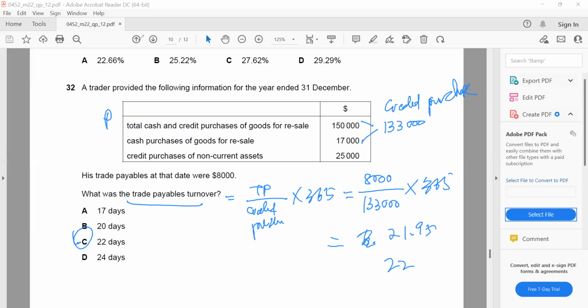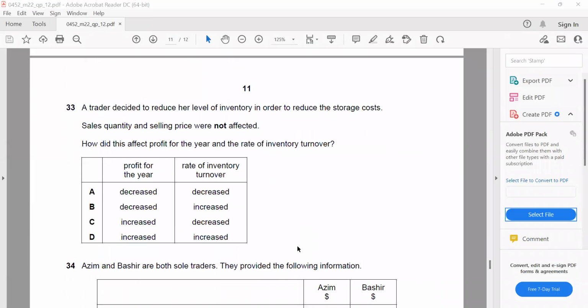Okay, now next. A trader decided to reduce her level of inventory in order to reduce the storage costs. Sales quantity and selling price were not affected. How did this affect the profit for the year and the rate of inventory turnover?